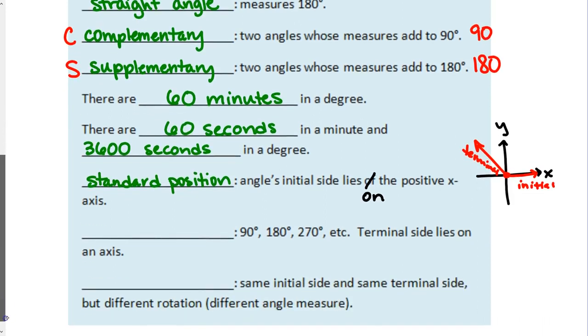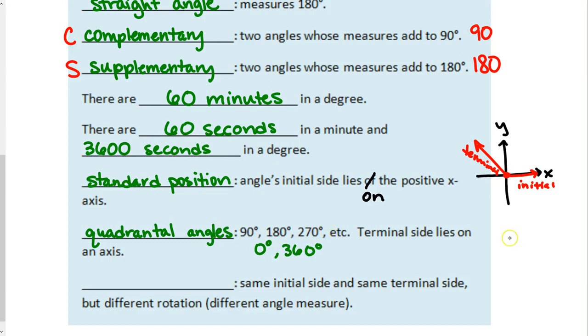Another thing you'll hear a lot is this word, quadrantal. Think of quadrants, like dividing the plane into quadrants. Quadrantal angles are the ones that are multiples of 90 degrees: 90, 180, 270, 0 as well, 360, and so on.